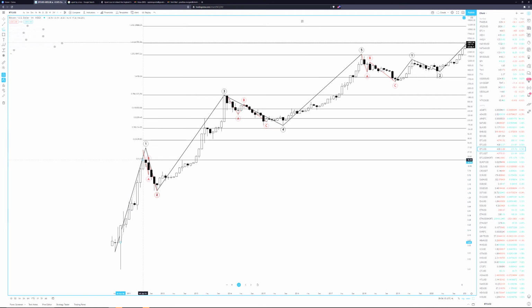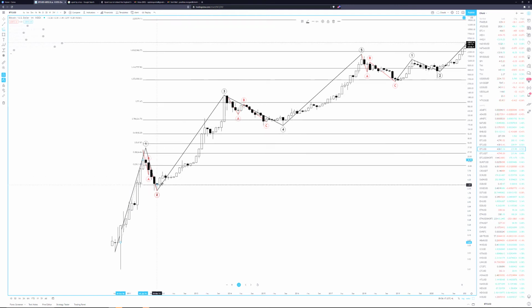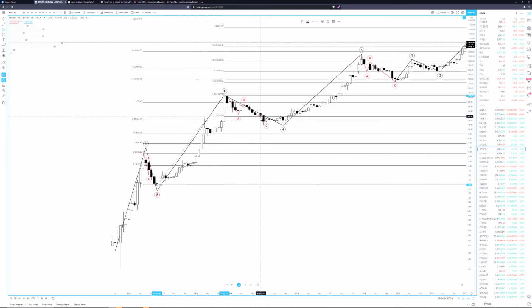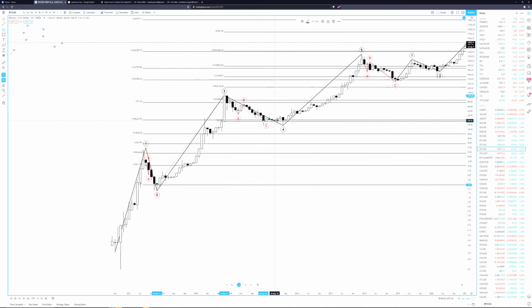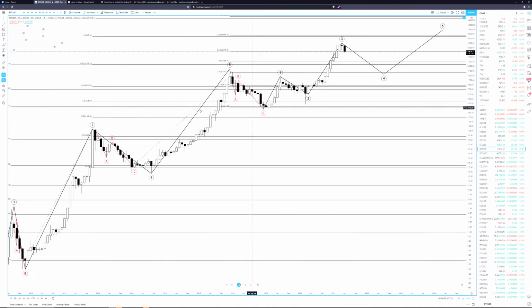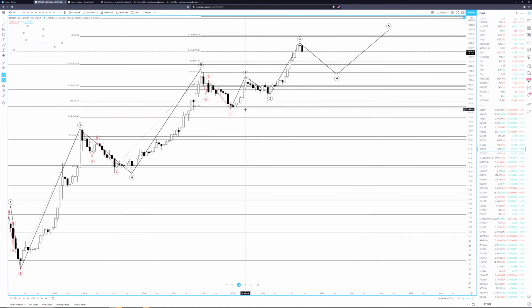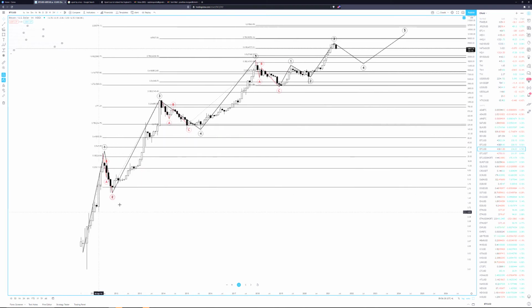And I'm going to just use the closes of these levels. I don't want to use the wicks because those tend to mess things up quite a bit. Okay, so I just drew a whole bunch of fib extensions off of prior swings.